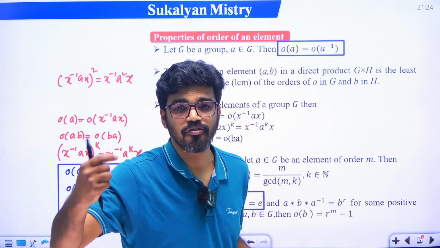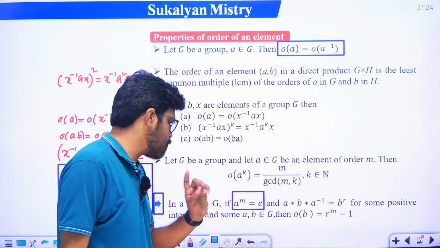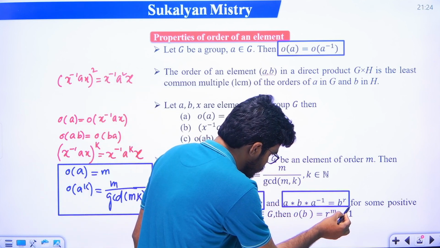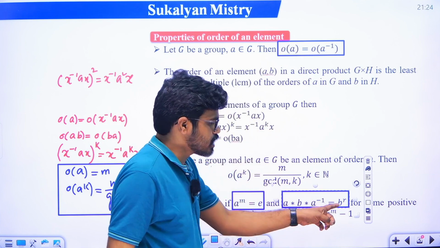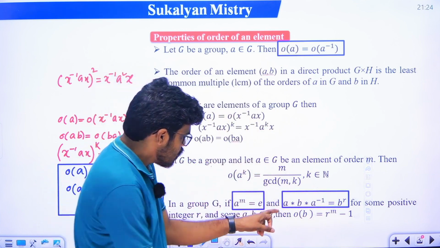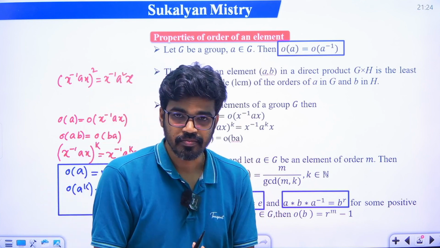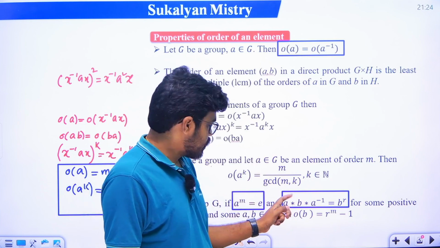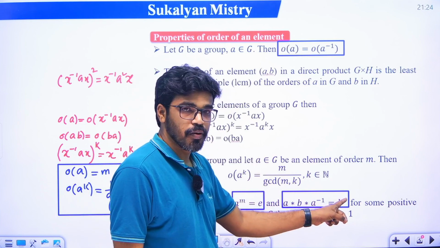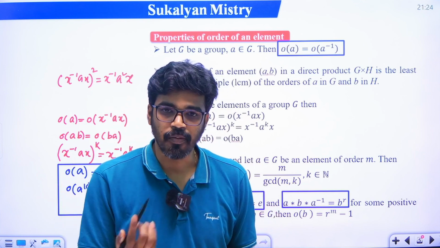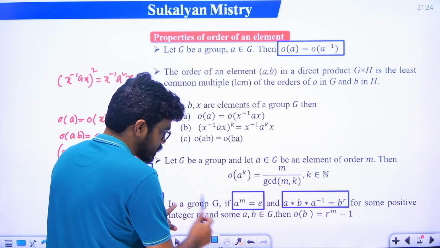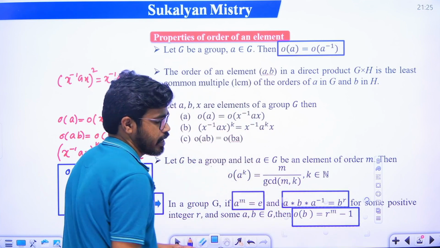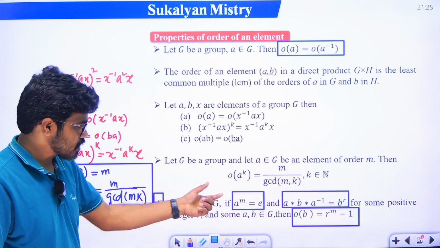That means order of A will be M. A to the power M is E and A B A inverse is equal to B to the power R. Suppose we have to calculate the order of B. It is given order of A is M, and also it is given that A B A inverse is B to the power R. This is the short trick. Then order of B will be R to the power M minus 1.